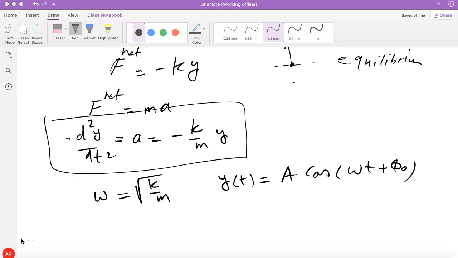Okay, let's also think a little bit about energy in this context.